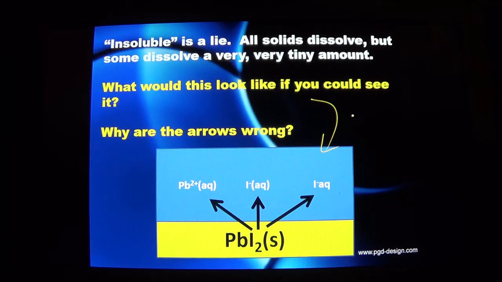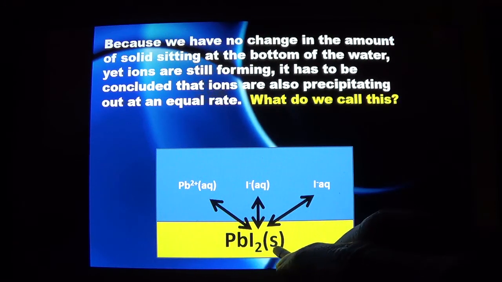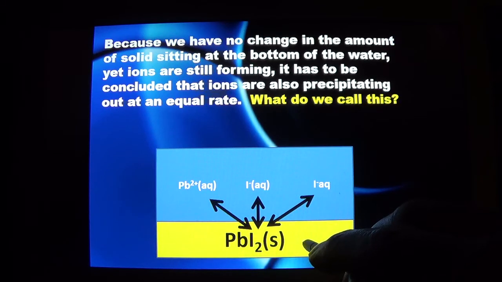Well, if you haven't guessed, and it's probably just a guess by now, the title of our unit is solubility equilibrium. And so we should really be using equilibrium arrows. The arrows should go both ways. We can let lead 2 iodide sit at the bottom of our beaker for a long time, and none of it seems to go away.